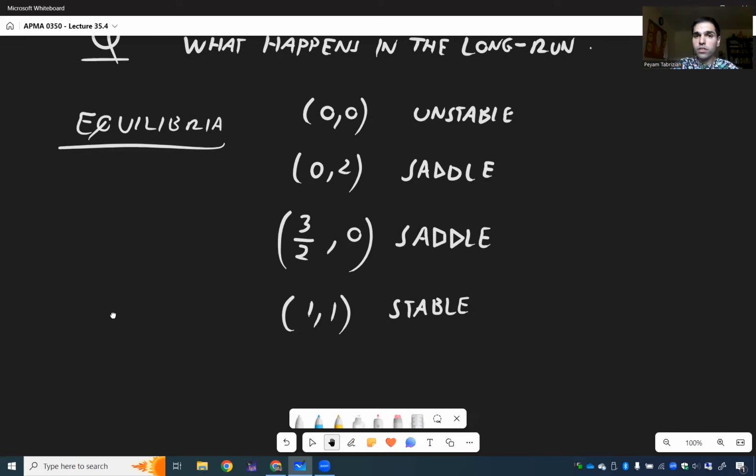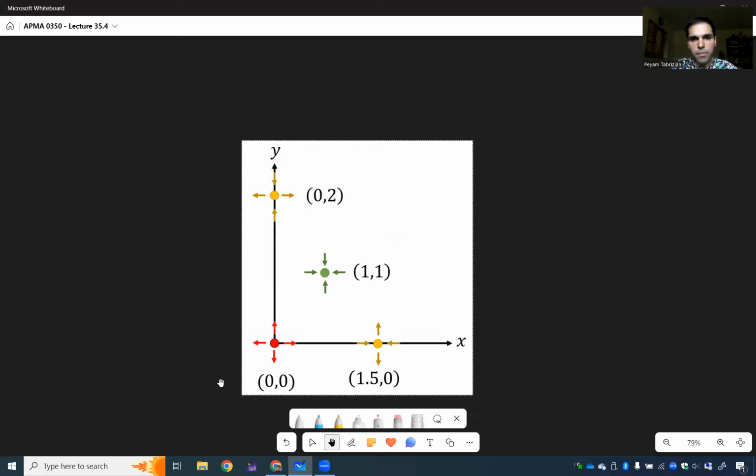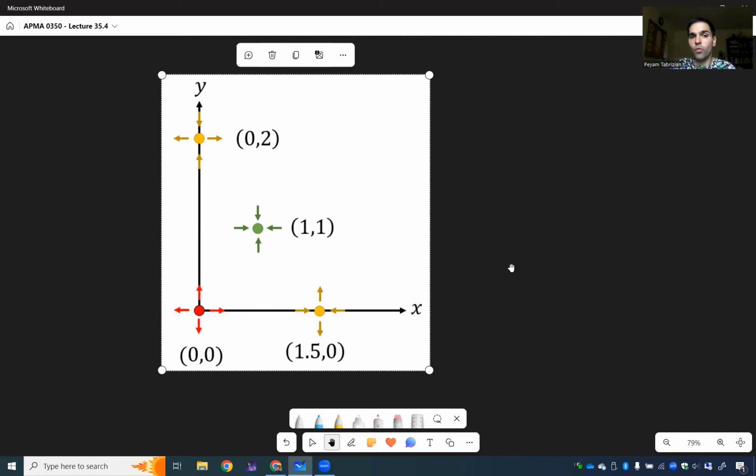And so in other words, we got the following picture so far. Again, 0, 0, which was unstable. 0, 2, and 3.5, 0, which was saddle. And by the way, the orientation here will be confirmed soon. And 1, 1. Okay.